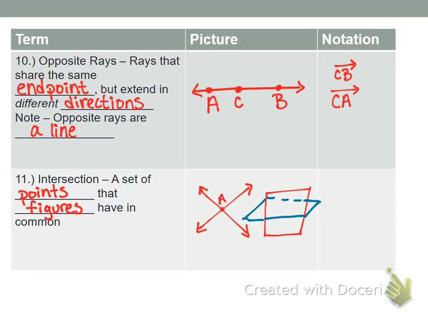This is not the best drawing, but these would intersect here if you were to put two pieces of paper, like one cutting through the middle of the other one. There's a line here where they would intersect each other. So this whole set of points would be their intersection.